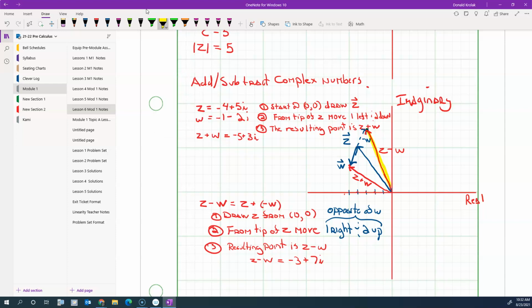It's just the result. So that's the tip to tail method.